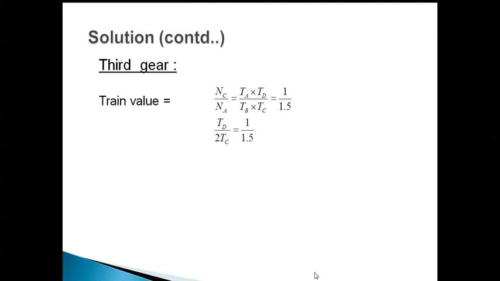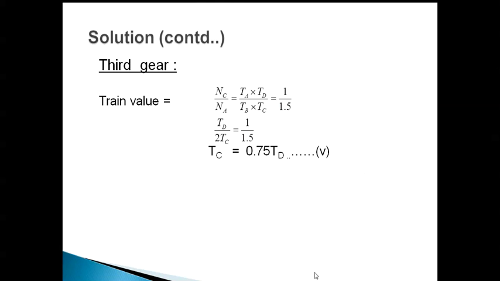So here A will be the driver and C will be the driven, having the compound gears B and D. So NC by NA equal to driven speed by driver speed equal to TA into TD by TB into TC, that is equal to 1 by 1.5.